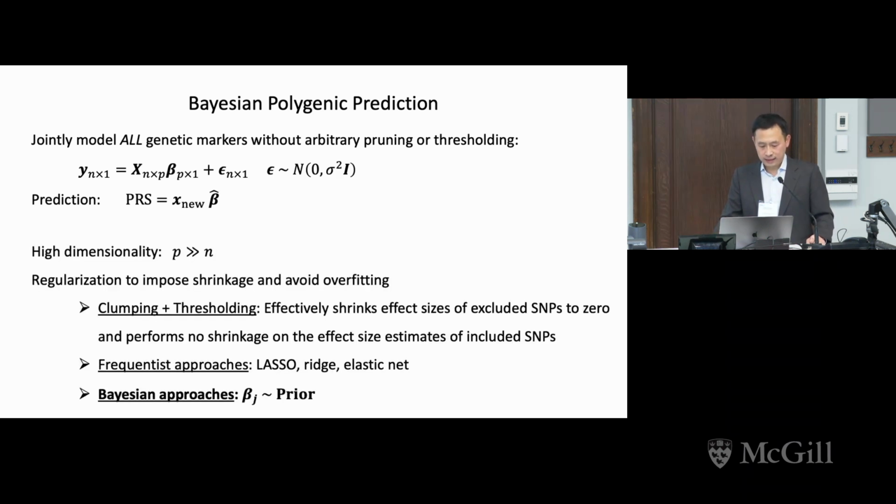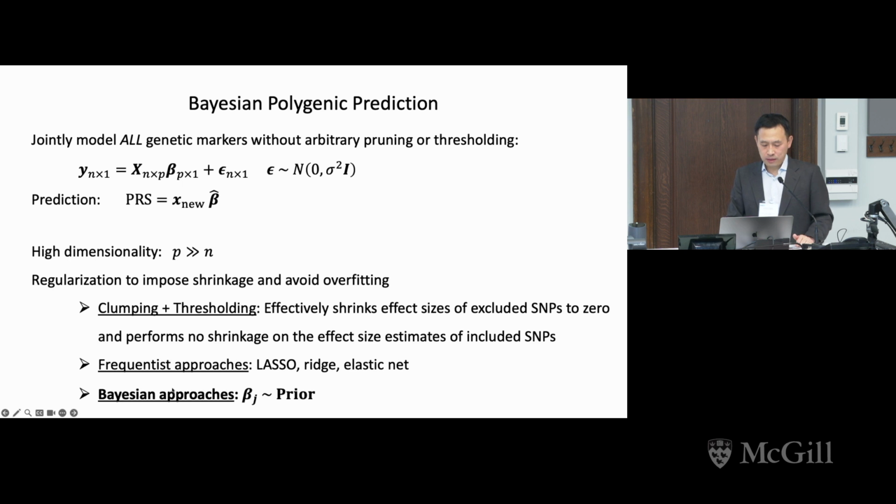And how do they do that? They do that through the prior, which is shown here. As a comparison, I told you clumping and thresholding do that to some flavor as well, in a very naive way. And there are other approaches called frequentist approaches, for example, lasso, ridge, or elastic net regression. They do that by putting a constraint on the beta. For example, they require the betas to sum up to a very small number so that you can't inflate the beta all the time.